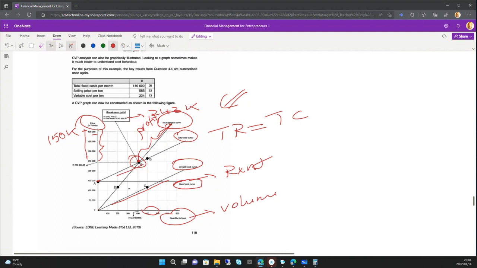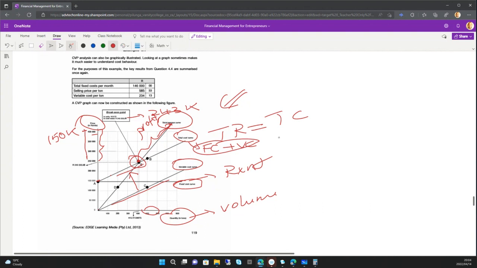We take this one, we add here. We take this one, we shift it there. That's where it gives us the total cost. It is the addition of the fixed cost plus the variable costs. That's how we find our total cost.